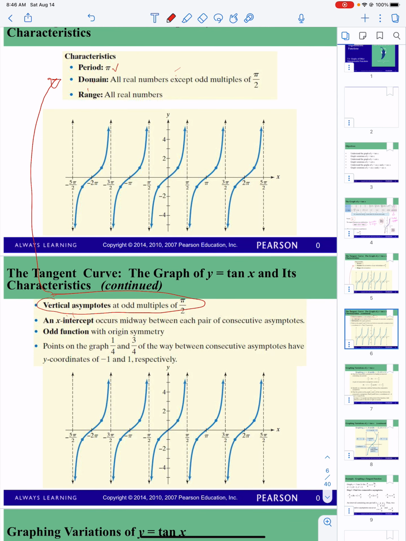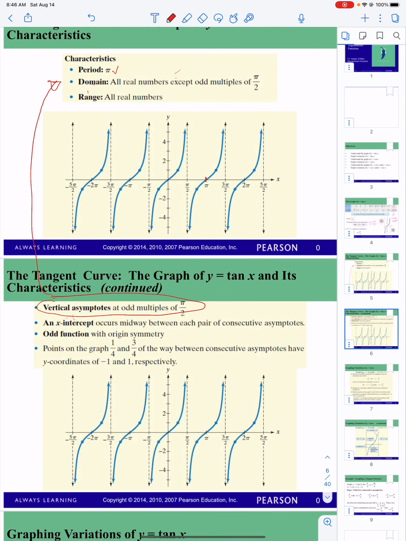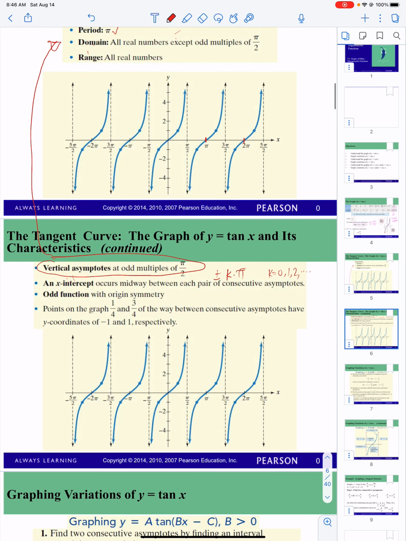So x-intercepts: there is one between each pair of asymptotes, at 0, pi, 2 pi, so k times pi, where k can be 0, plus or minus 1, 2, and so on. And it's an odd function, with origin symmetry.